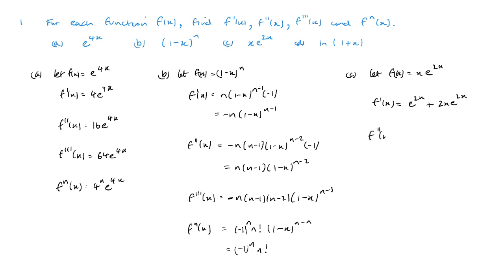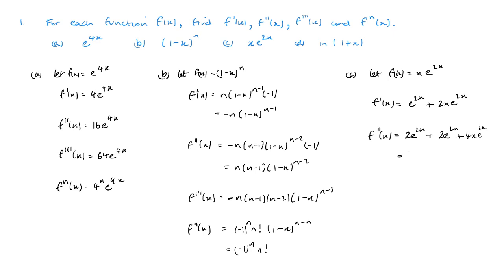Now differentiate the second time: 2e to the 2x plus, now differentiating this one, so let's differentiate this first, so 2e to the 2x plus 2x times this e to the 2x differentiated will become 4x e to the 2x.